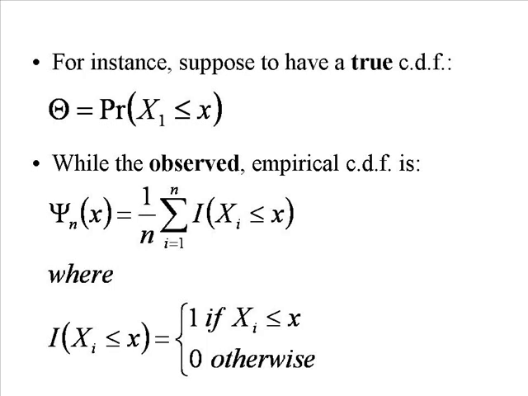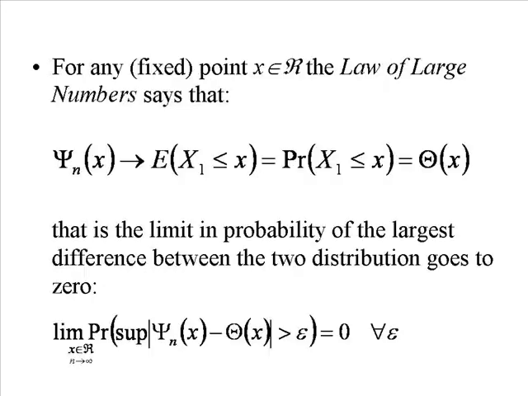To go into more detail, suppose we have a fixed point x which belongs to the real numbers, and by the law of large numbers we know that as n increases, the sequence capital psi n of x tends to the true cumulative density function capital omega.